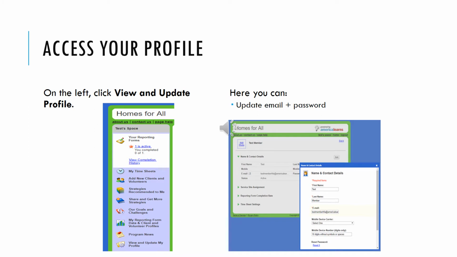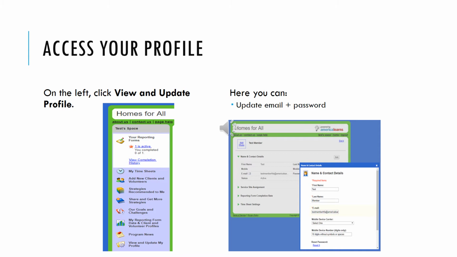So once you get logged into your profile, it's going to show you your dashboard. So on the left-hand side, you can click View and Update Profile. And what you can do, this is pretty helpful, but you can update your email address when you click View and Update your profile. So you can update your email address, you can update your password, you can also add your cell phone number and the cell phone carrier.